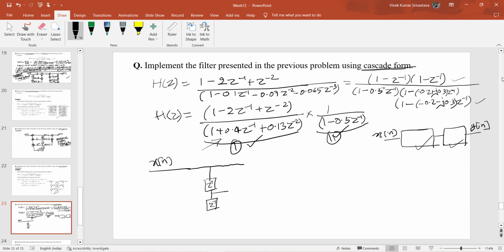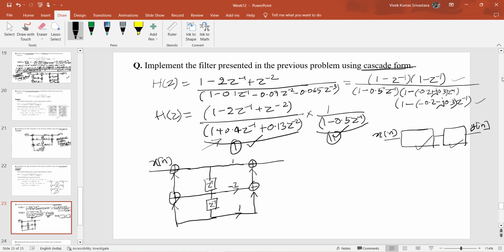So this is 1, minus 2 and 1. Here is the adder. Similarly, here also we have to use an adder.